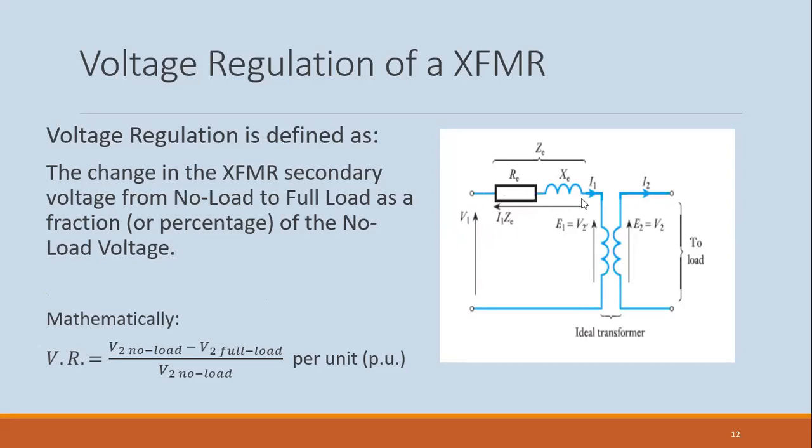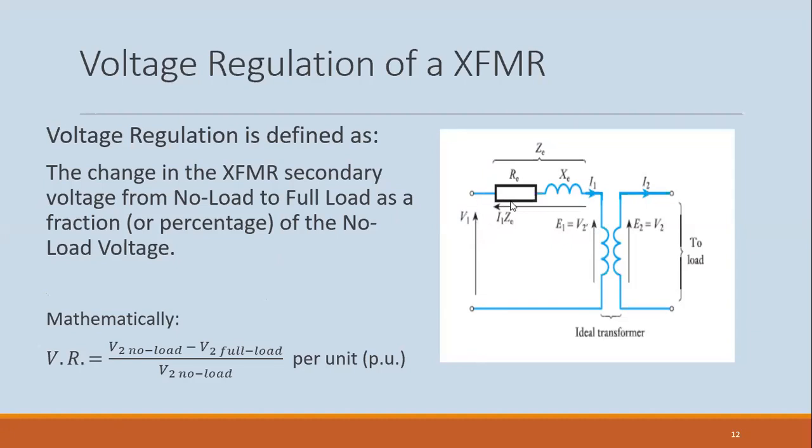Everybody can see that? V1 would be equal to I1 ZE plus E1. Is that clear to everybody? One more time. This voltage here, the supply voltage, would be the sum of the voltage drop across the winding plus the induced voltage across the primary winding.